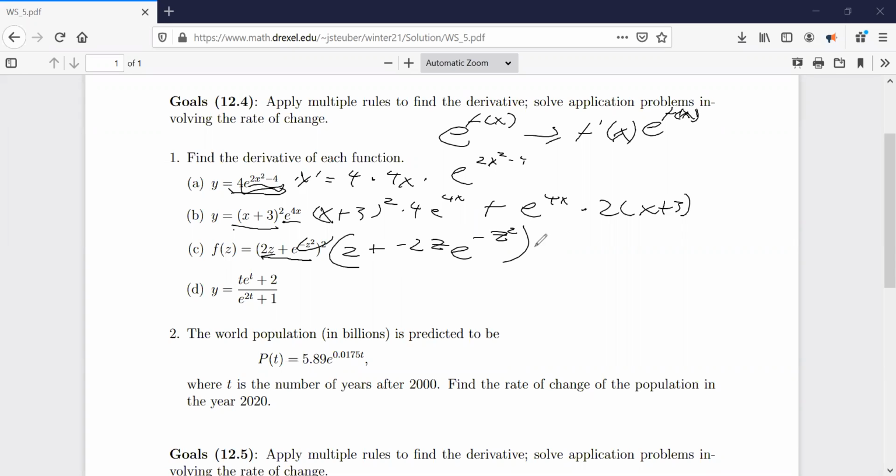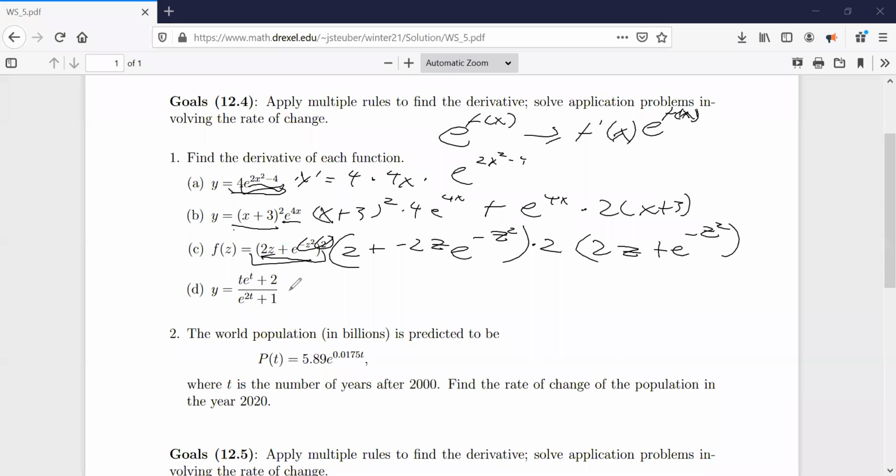That guy all squared, or that guy times 2 from the power rule, and then the inside. Plus e to the negative z squared, and 2 minus 1 is 1, so it's just to the single power. Does that make sense to people?